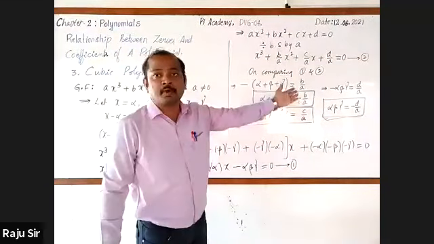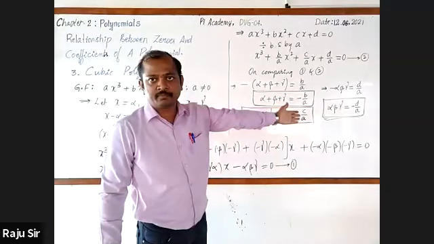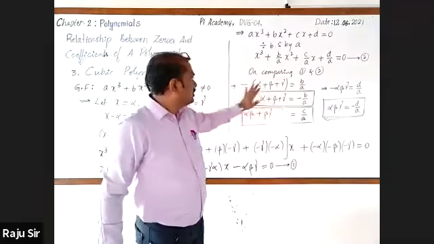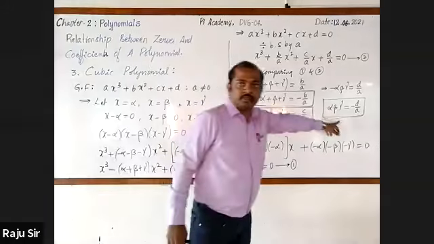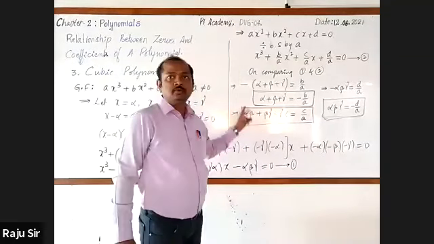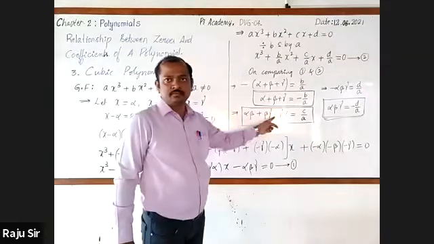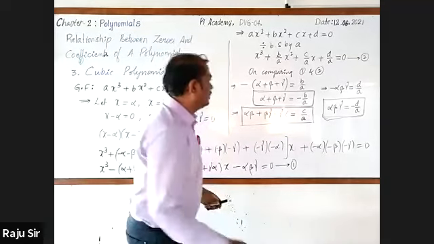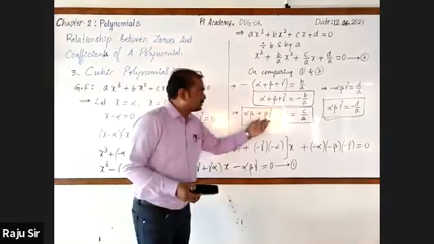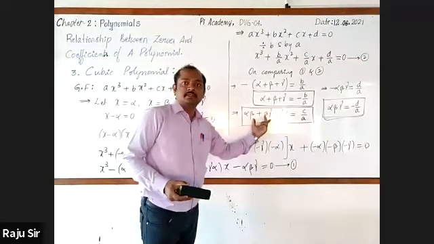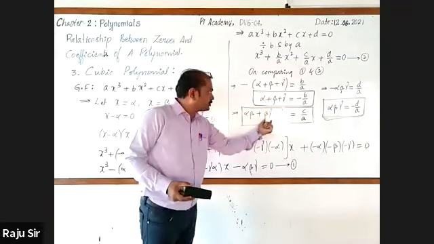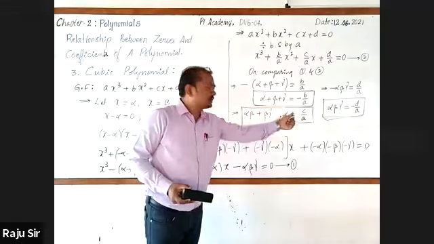This is product of zeros. Sum of zeros, product of zeros, sum of the product of two zeros taken together.